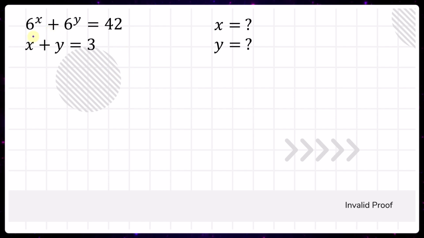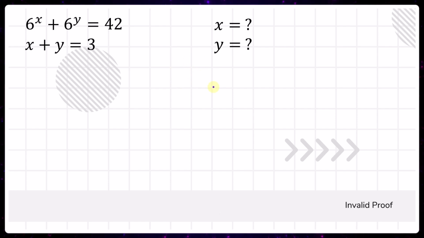So the first one is 6 to the power of x plus 6 to the power of y equals 42. And the other equation is x plus y equals 3. And that is what we're going to do. We are going to solve for x and y.